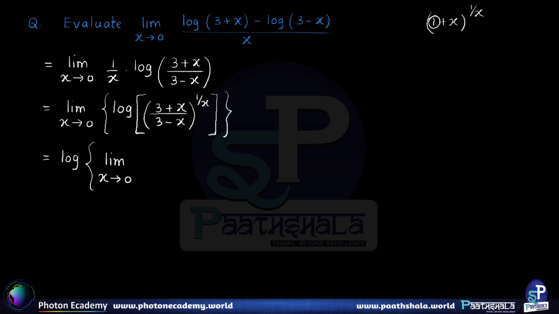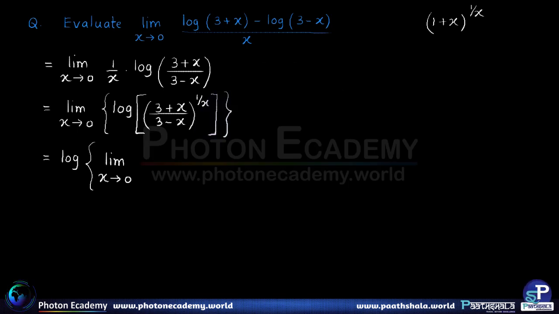So that 1 is a crucial term, we must adjust that 1. Now to do that we can simply divide both numerator and denominator by 3. So what we are left with is (1 plus x by 3) upon (1 minus x by 3), and this whole thing raised to 1 upon x, right?